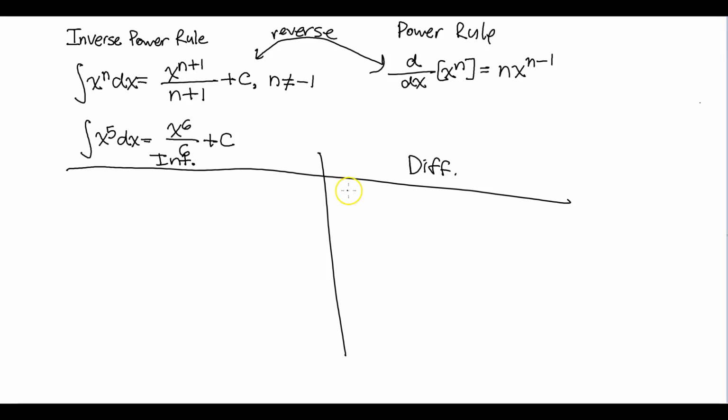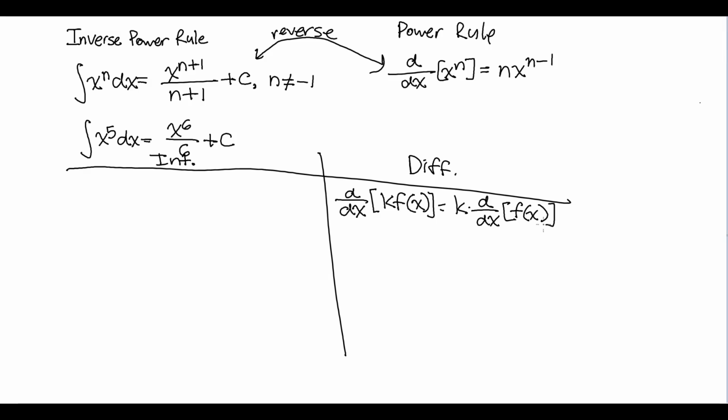For differentiation, the derivative of some constant term k, a real number, times a function equals k times the derivative of the function. So you're basically pulling out your constant from the derivative.